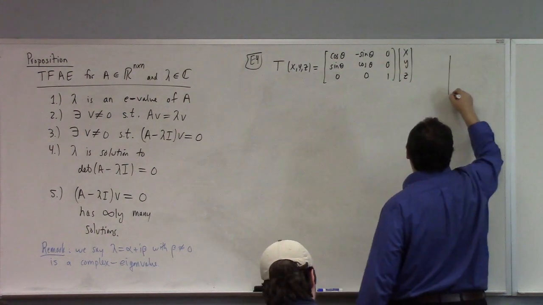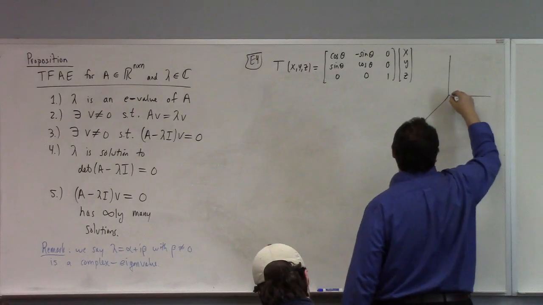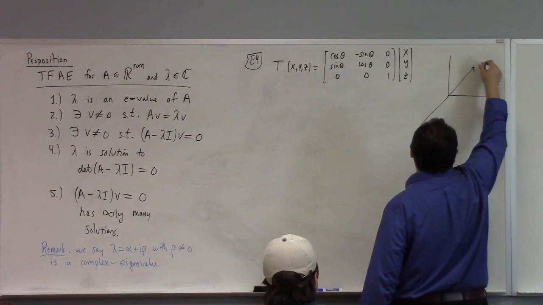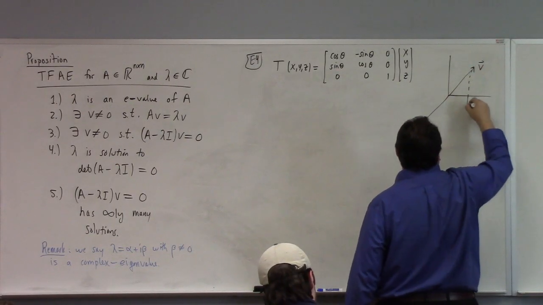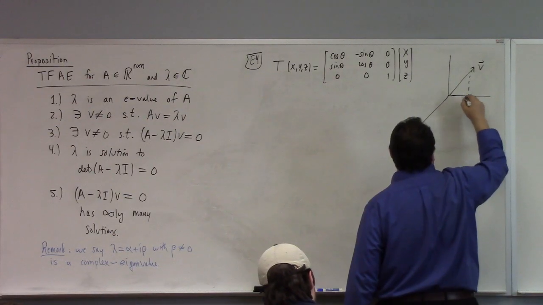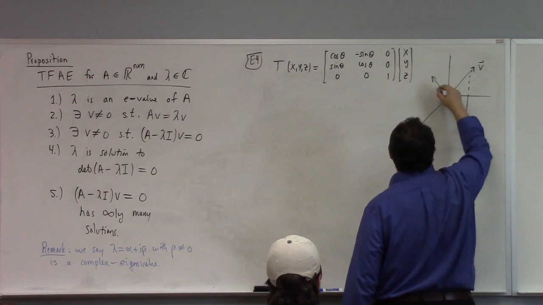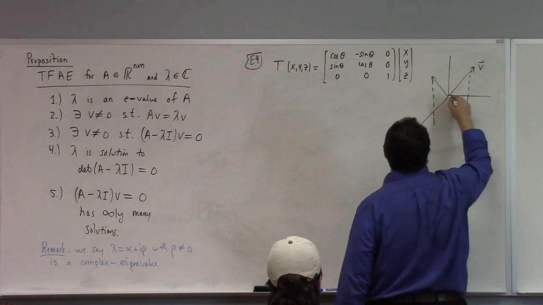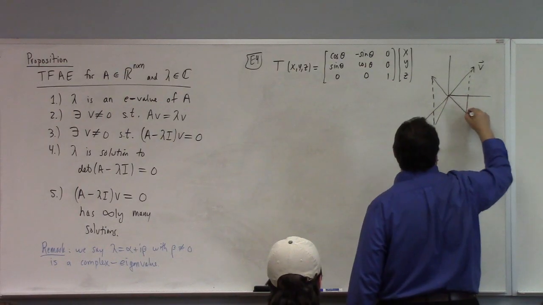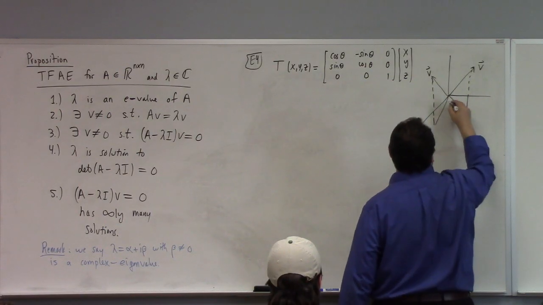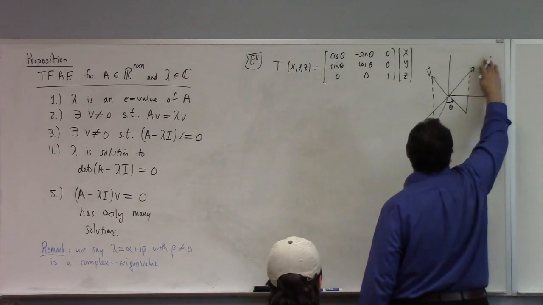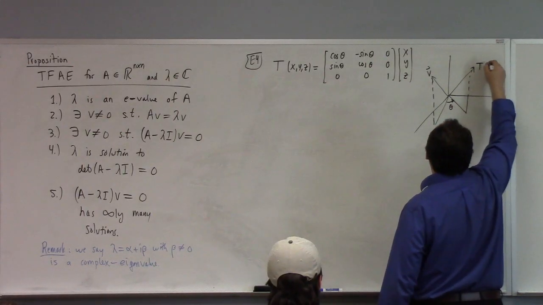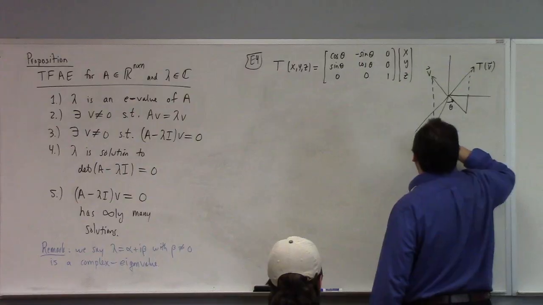So what this does is, if here's your input, and this angle is theta, over here is your T of v.